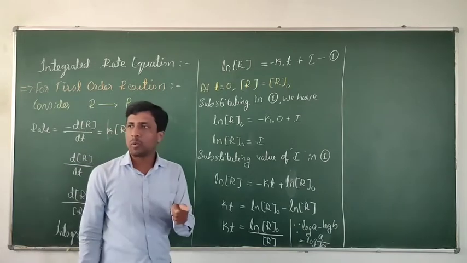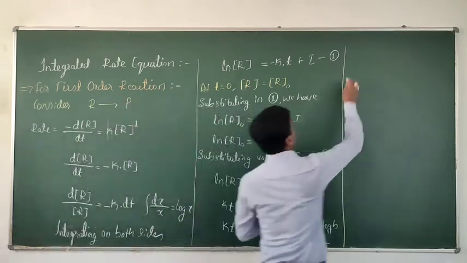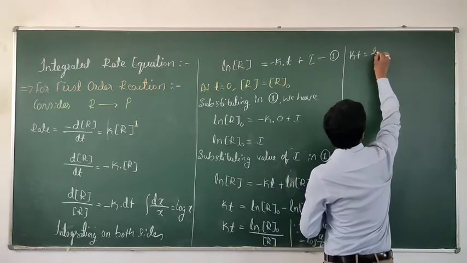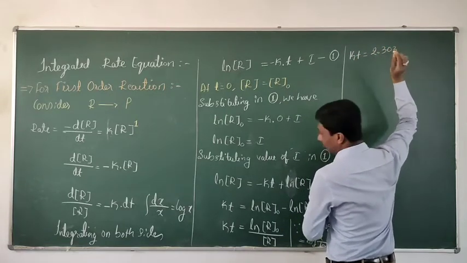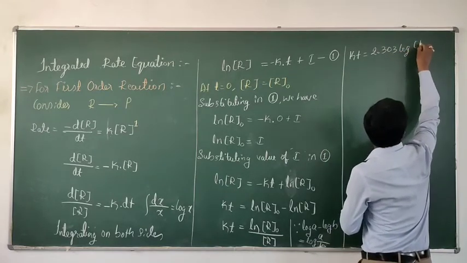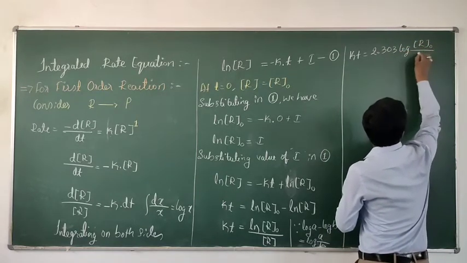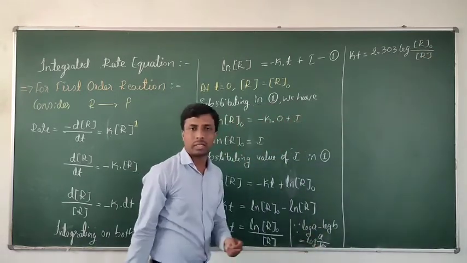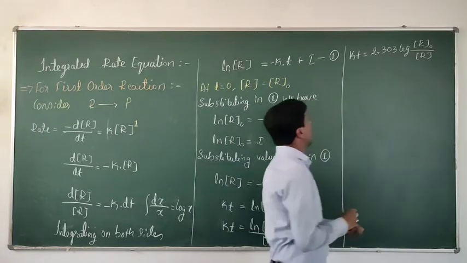Now k into t is equal to 2.303 into log of r naught divided by r. Is it? Now I want the k value.